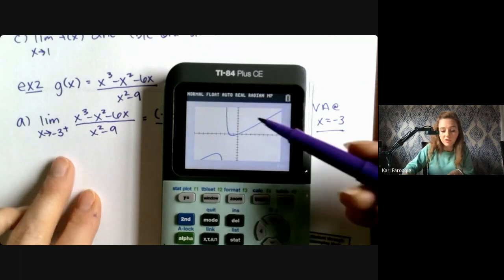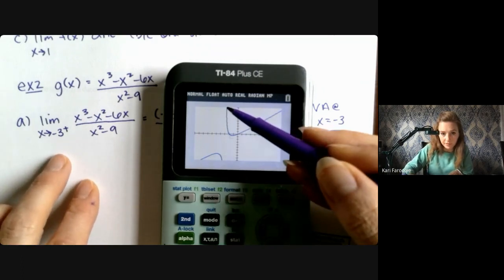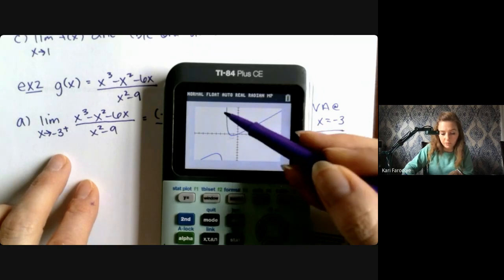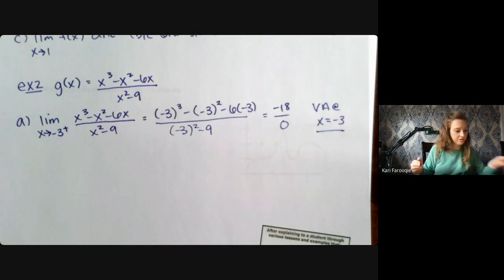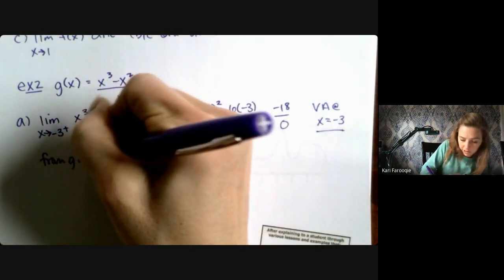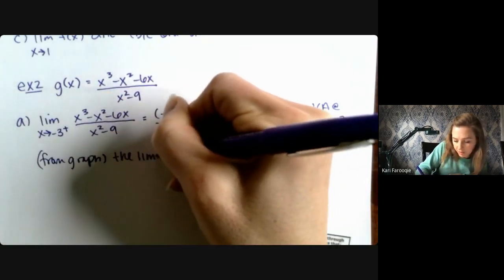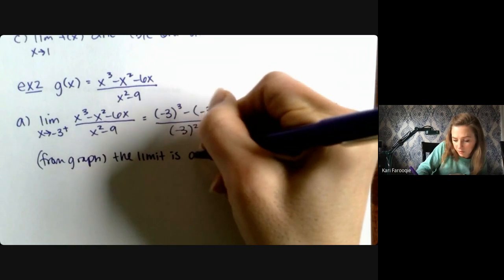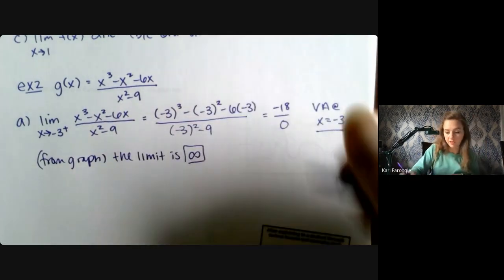Now, this is only because we're approaching -3 from the right. And that puts us on this leg. Up from the right means I'm heading up. So we would say now that this limit, from the graph, the limit is infinity.